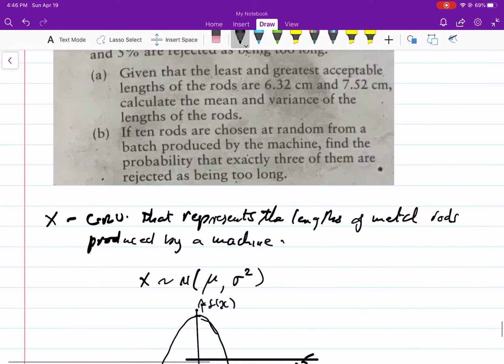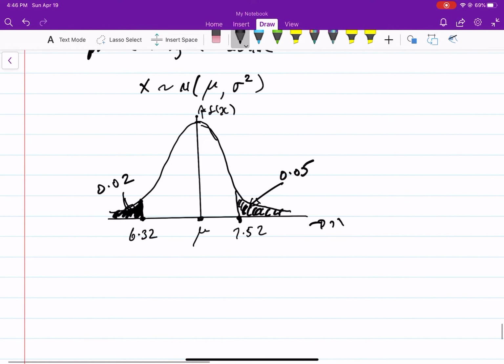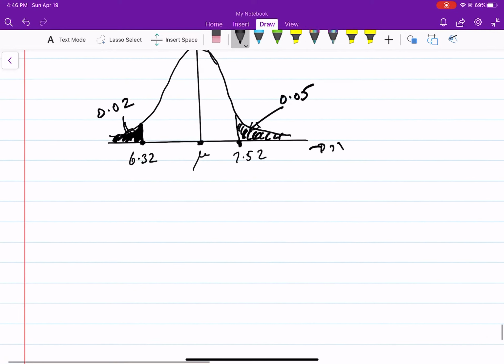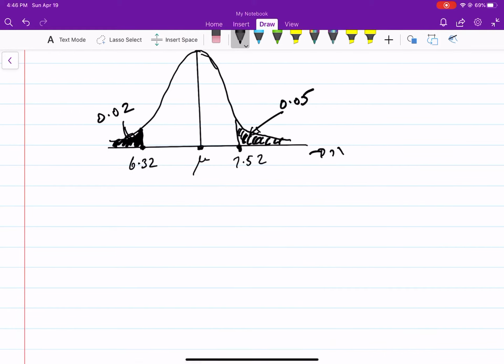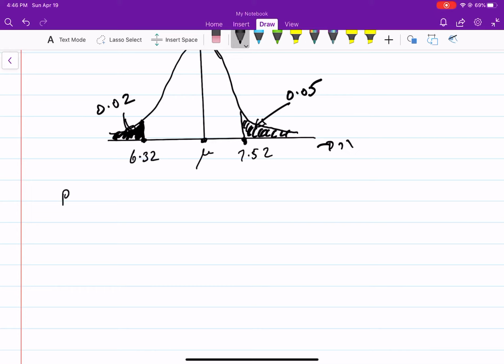Calculate the mean and variance of the lengths of the rods. So they basically gave me two bits of information, which I'm going to translate into probabilities. The first one will say the probability that x is less than 6.32 is 0.02.